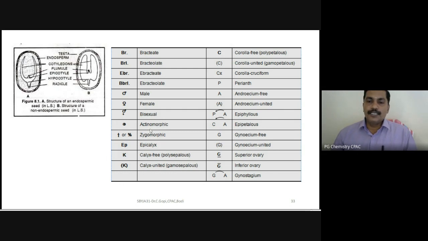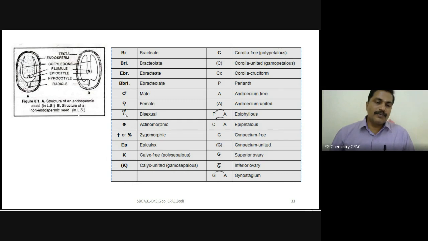Then these are the different character symbols. BR means bracteate, having bracts. Ebracteate means without bracts. This is the male part, the female part, bisexual.